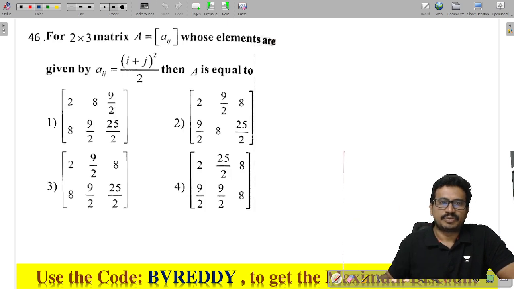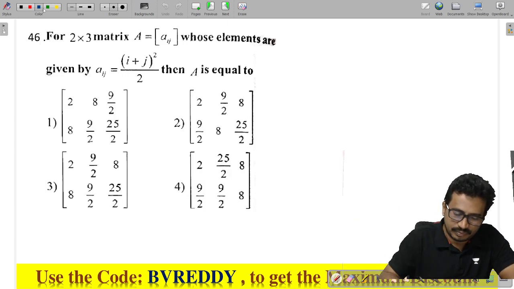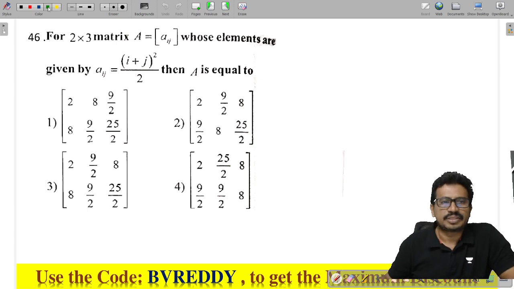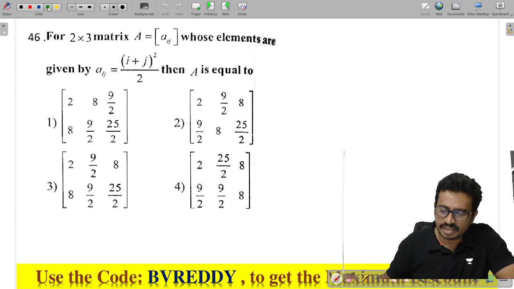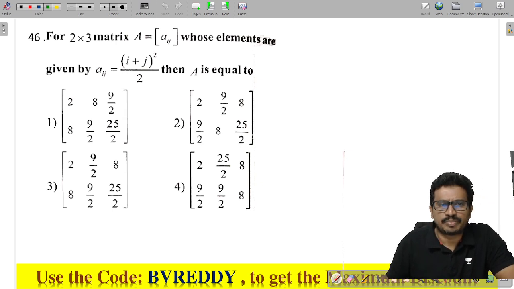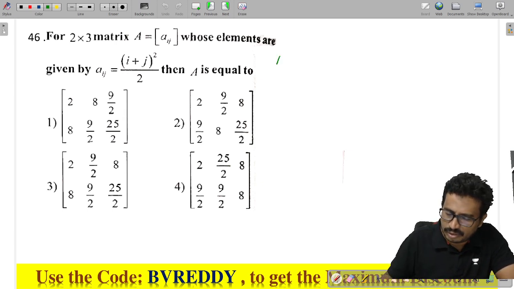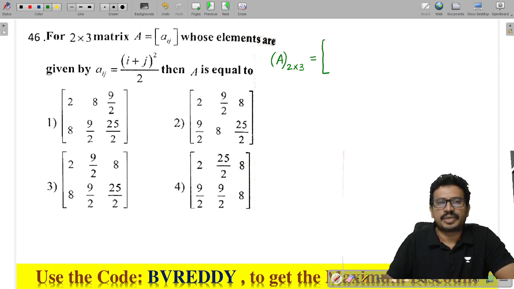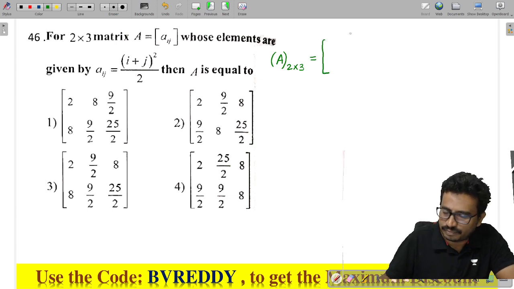Let's see the problems one by one. The first problem, they have given some matrix. A is given as Aij, and the elements in the matrix are given as (i plus j) whole square by 2. If we see the matrix A, that is a 2 cross 3 matrix. Now can you tell me the elements we need to find?